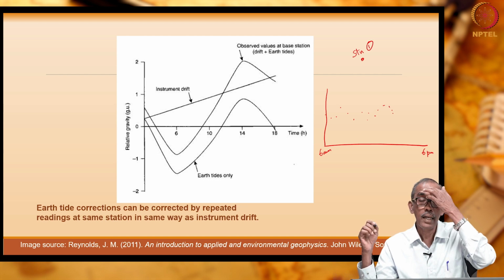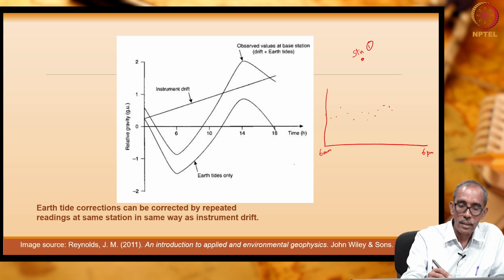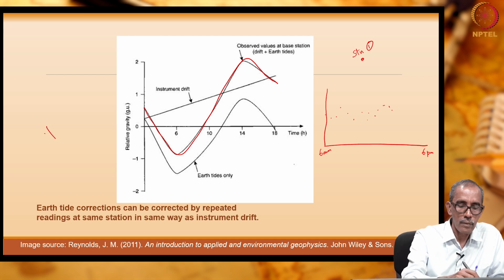So, we are collecting information at different times. Now, this is the value we have got. This curve is known as the drift curve.